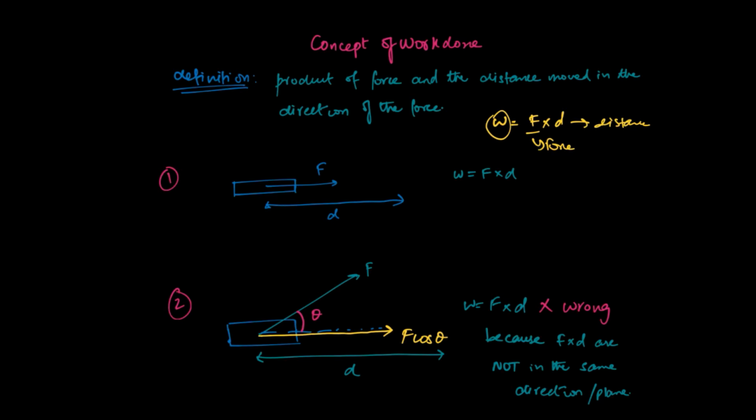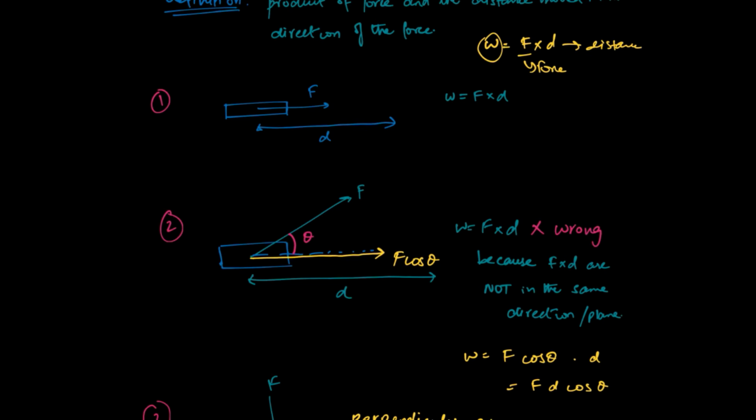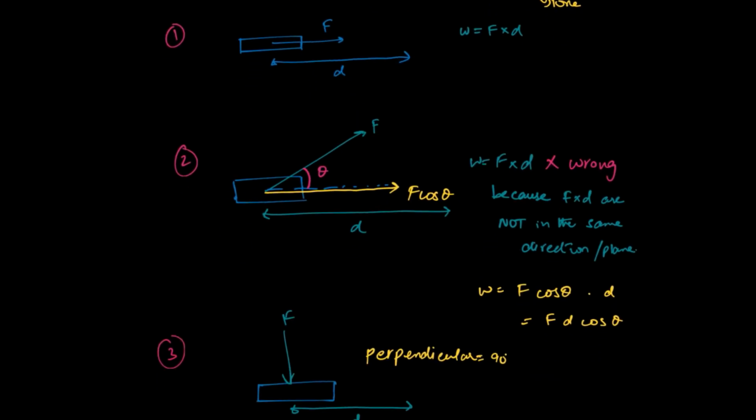Okay, so now let's move on to the second example, which is a bit more complicated. So here's again an object which moves over a distance d, but now the force is being applied at an angle theta to the horizontal. If we say that the total work done on this object is F into d, then the answer would be wrong.